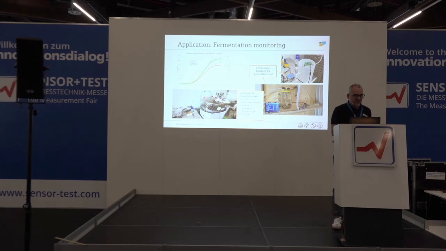If you measure the output of this tank over a week, and sum the mass of CO2, you see the CO2 increases, and you can calculate the alcohol content which you must have in your beer. So we can monitor the fermentation.